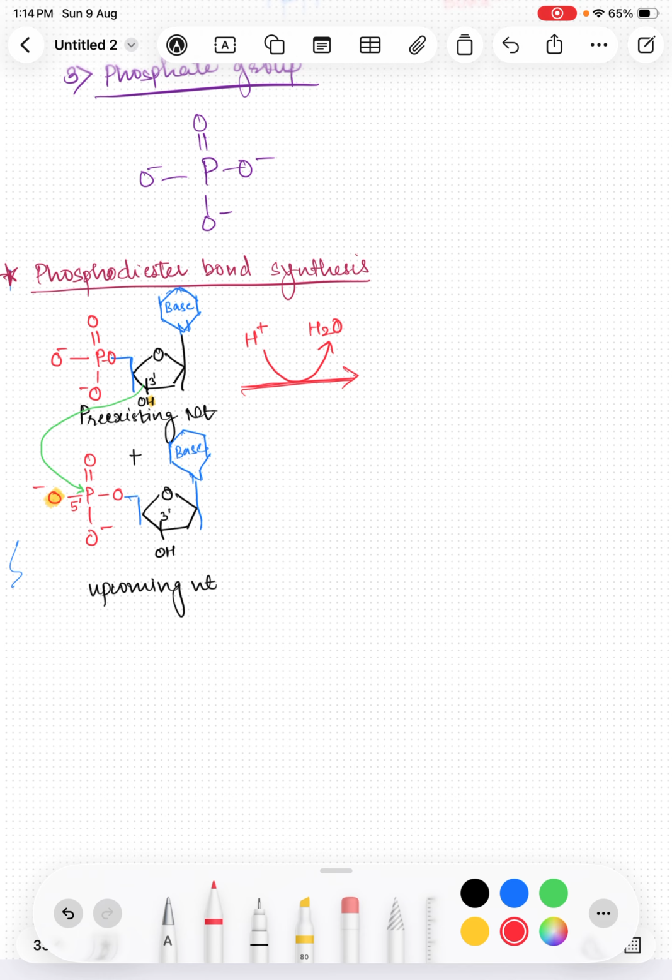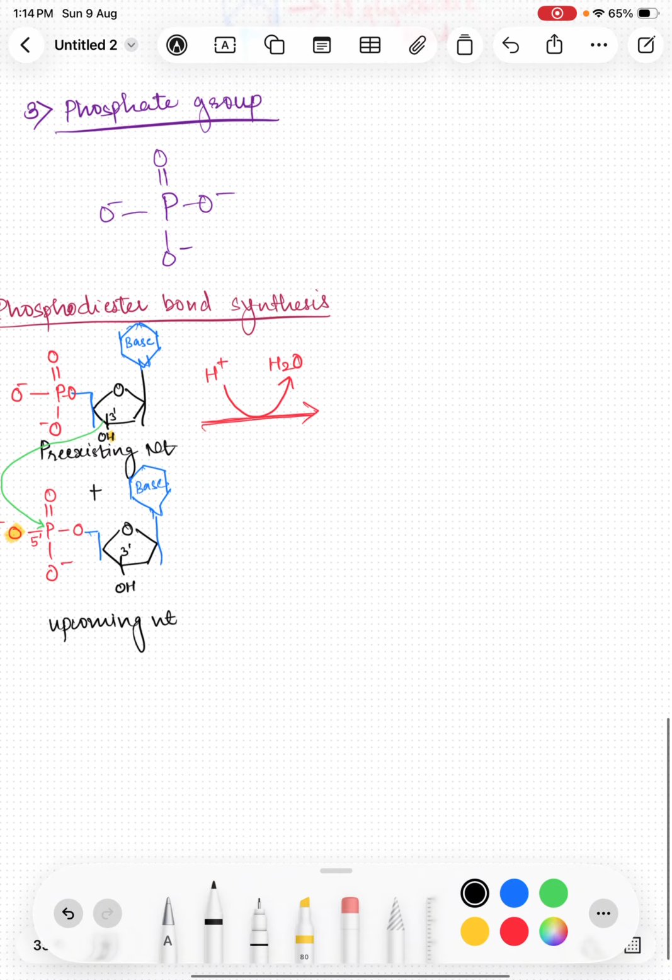So 3' OH of pre-existing nucleotide will attack 5' phosphate group of upcoming nucleotide, and there will be formation of bond.